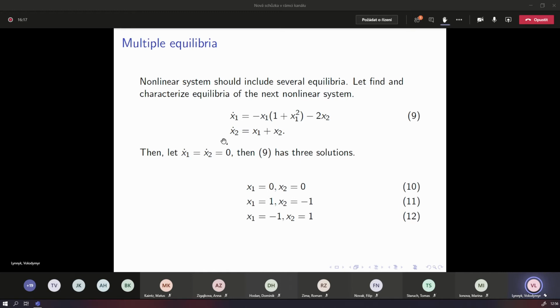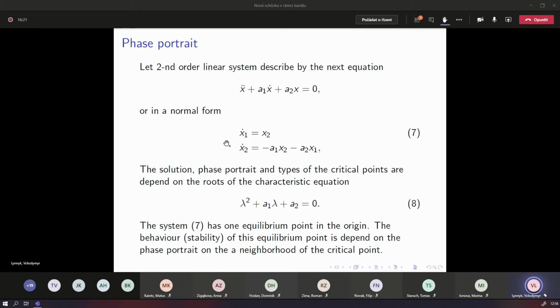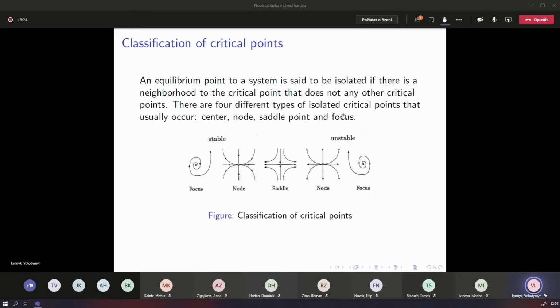Okay, multiple equilibria, nonlinear. Do you have some questions here? Yes. I put this presentation on Moodle, and you can download it. I added this center here because here we don't have this stable point, center.